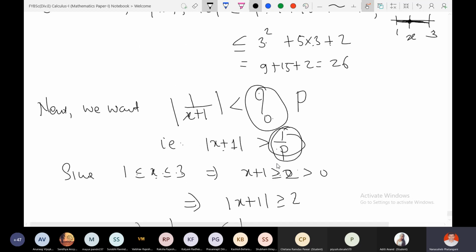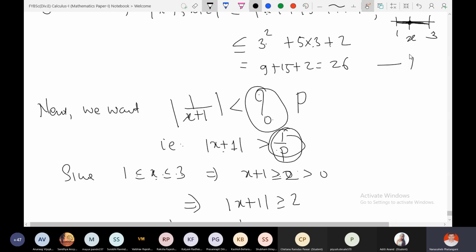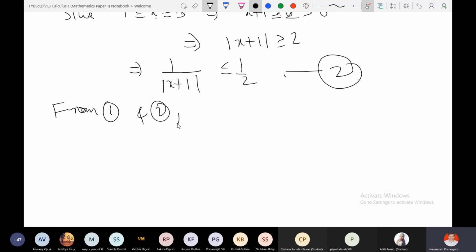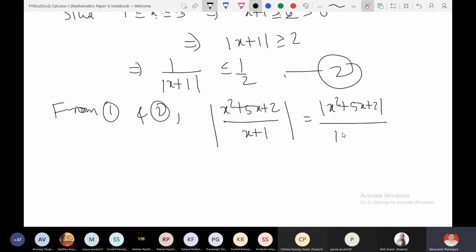So we have two expressions. This is the first expression and this is the second expression. Now combine 1 and 2. From 1 and 2, what do we get? The absolute value of (x square plus 5x plus 2) upon (x plus 1), which is actually the absolute value of the numerator times 1 upon the absolute value of x plus 1. Am I right?